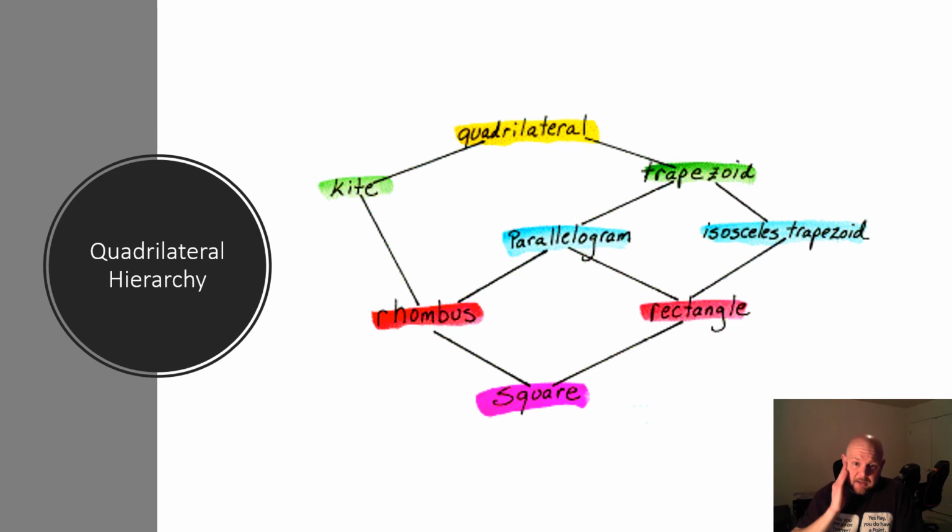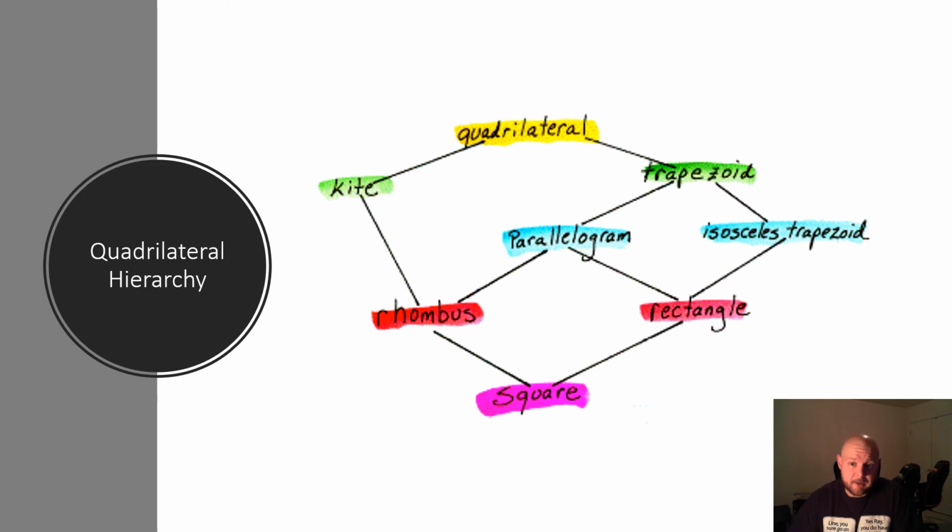So anything towards the bottom has the properties of what's above it. If any property of a parallelogram is also a property of a rectangle, or any property of a trapezoid ends up being a property of a rhombus, that's because it's below it, and they're all connected. Another way to think about this: everybody hears the phrase, all squares are rectangles, but not all rectangles are squares.